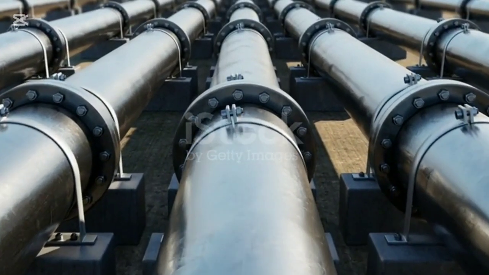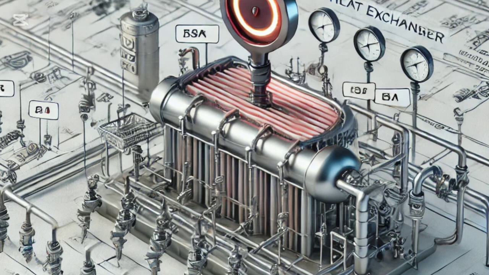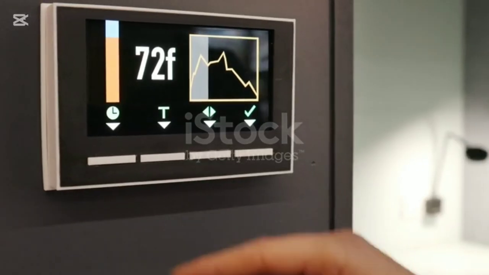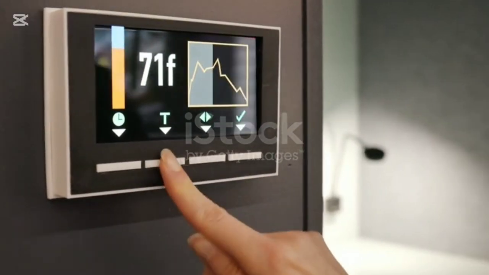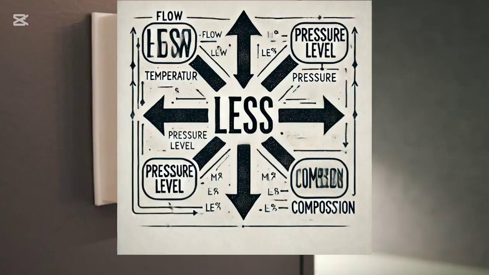Deviation: less flow to the heat exchanger might result in insufficient cooling, leading to overheating. Temperature: less temperature could indicate insufficient heating or cooling. Deviation: less temperature in the exchanger could slow down the process rate, resulting in poor product quality.